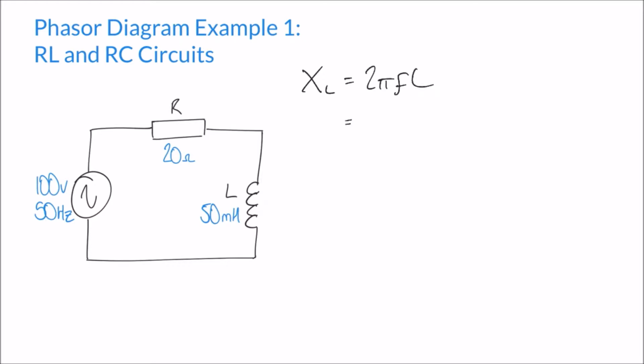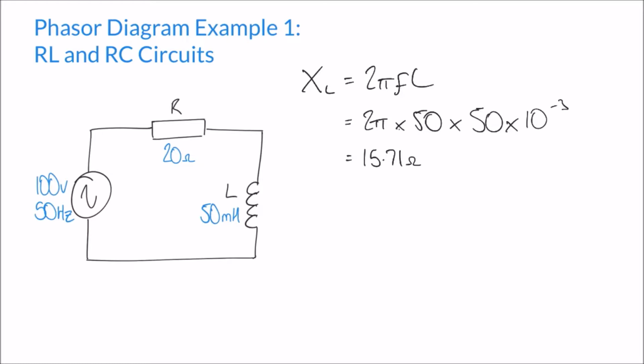So in this case, that's 2 pi multiplied by the frequency in this circuit, which is 50, multiplied by the inductance, which is 50 times 10 to the minus 3. And if we calculate that, I come out with an answer of 15.71 ohms.